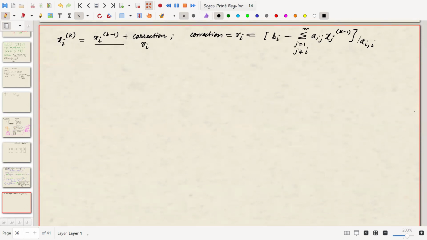Fine with you? This is just the numerical method for this. And this method is known as the Jacobi method.